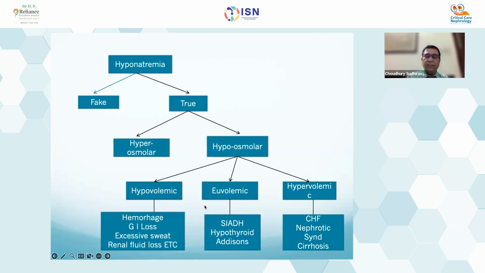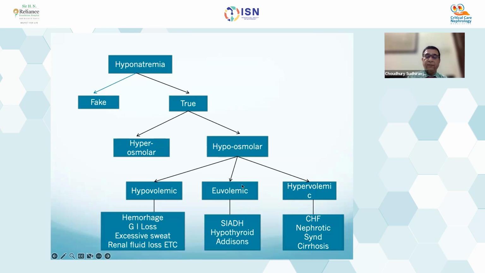The euvolemic ones we find in SIADH, hypothyroid state, and Addison's disease, out of which the most convenient representation in most situations is SIADH, whether it is a true or false diagnosis.